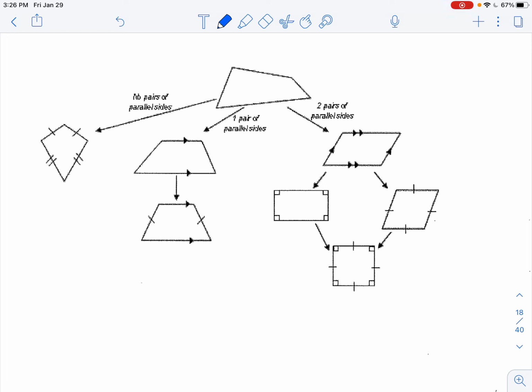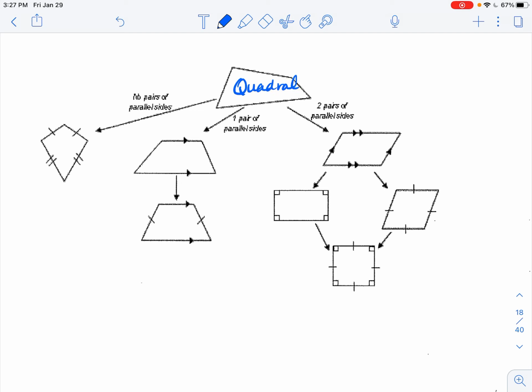Here are all our different quadrilaterals. The ones that have no pairs of parallel sides would be your kite. Well, let's just call this one a quadrilateral.